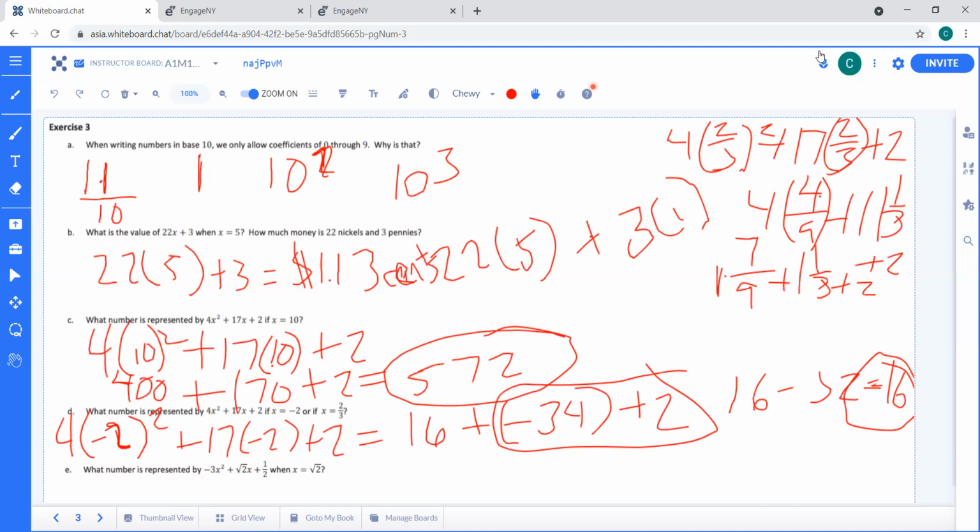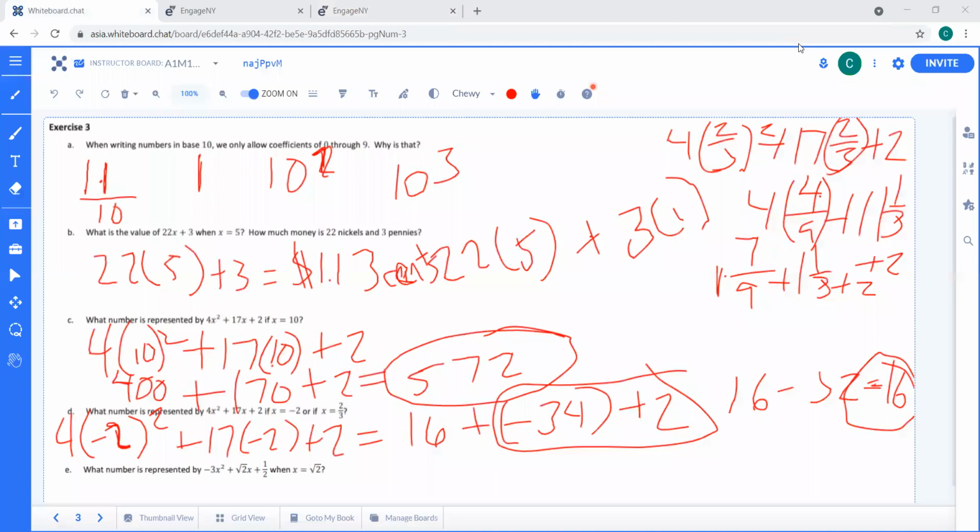Don't like this at all. Let me see. So let's just go ahead and add fractions. You need common denominators. It looks like 9 is going to be our common denominator. So 9 times 1 is 9, plus 7 is 16 over 9.